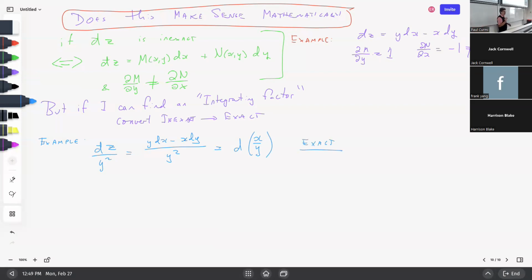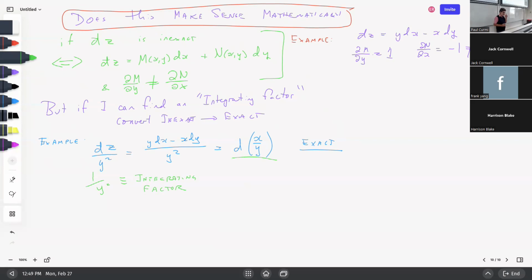So what I'm looking for is something to divide my inexact differential by, my integrating factor, to convert it to an exact differential. So in this case, 1 over y squared is my integrating factor. Okay? And my exact differential is that guy.